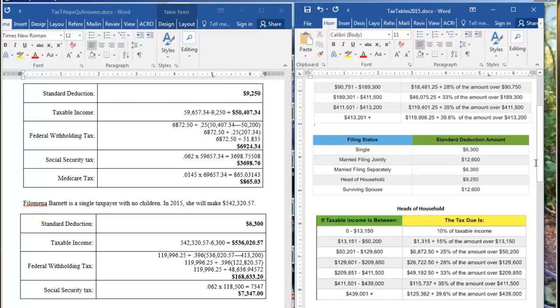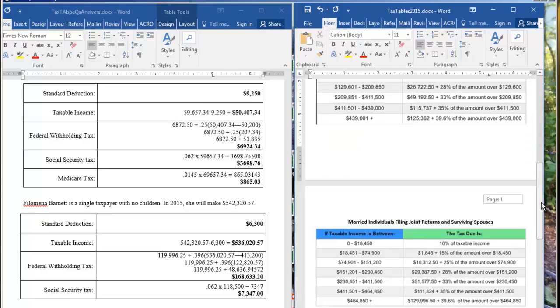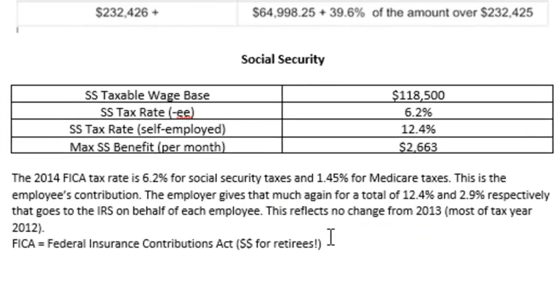Now, the only special note to make about Social Security is this one. If a person makes over $118,000, they don't have to pay taxes on any amount over $118,000 in income. So if they make $125,000, they only pay Social Security on $118,500.